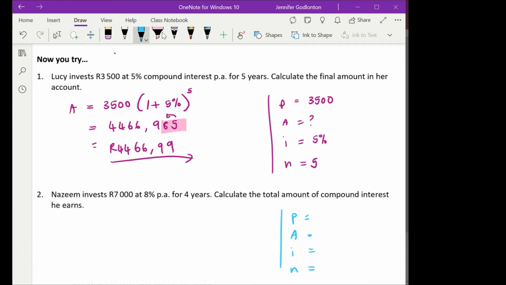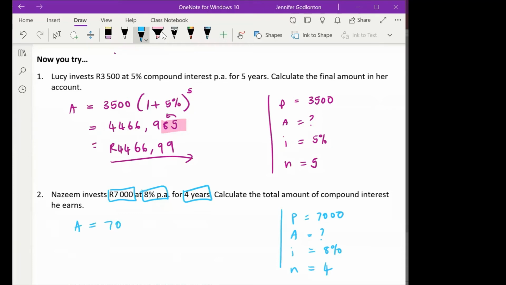Oh, Nokutula has got 9523,42, and I am loving that answer. Okay, P, 7,000 Rand. I, 8%. In 4 years. A, we don't know. That's our PAIN for the day. Stick it into the formula.